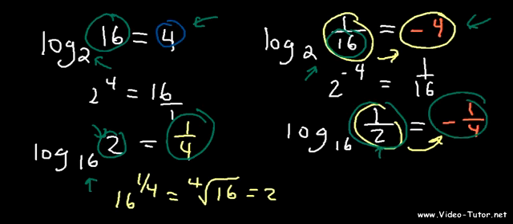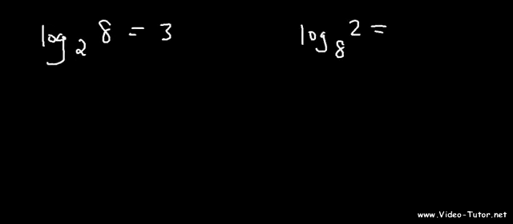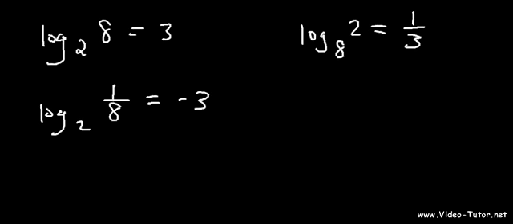Let's try another example like that. So let's use log base 2 of 8. We know it's equal to 3. So log base 8 of 2, if we reverse it, it's 1/3. Log base 2 of 1 over 8 is negative 3.